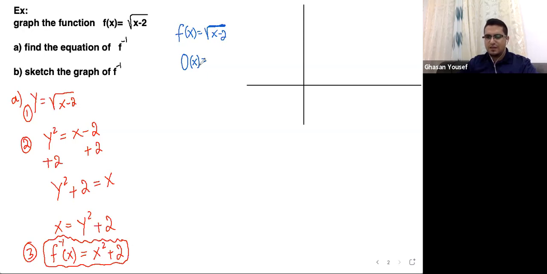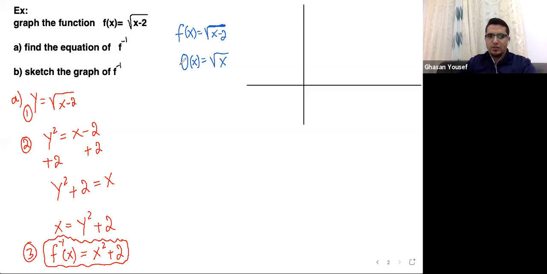Yes, exactly. Gilan, square root of x. This is correct. So the original function here is the square root of x. This is what we start by graphing.